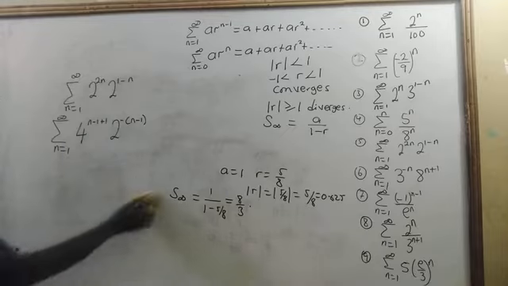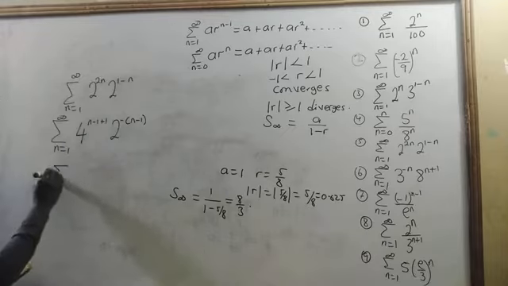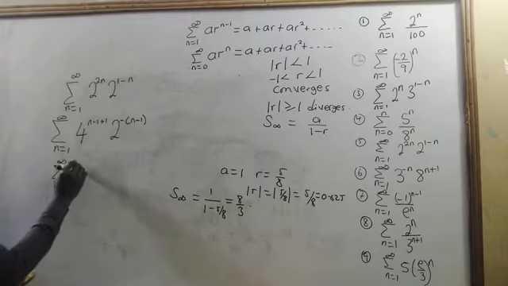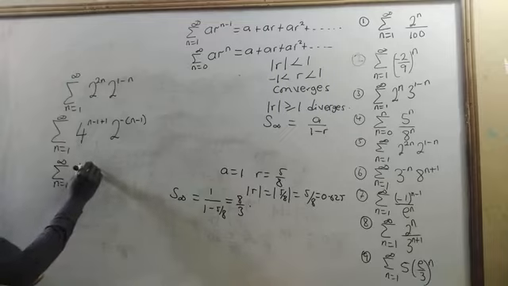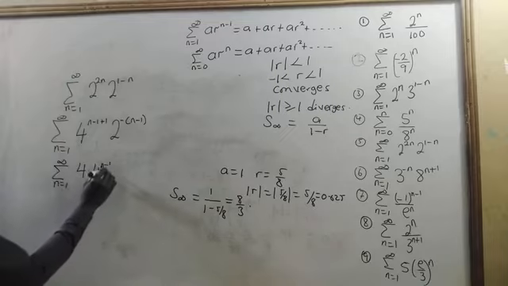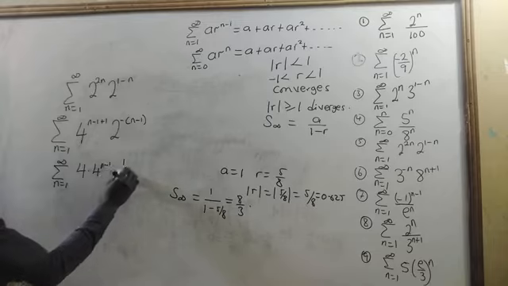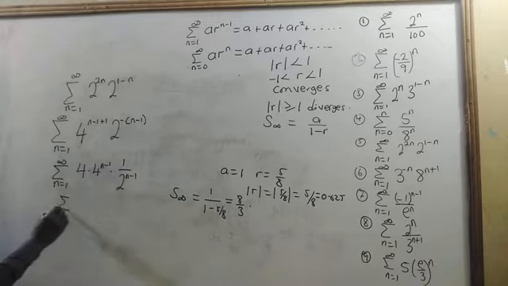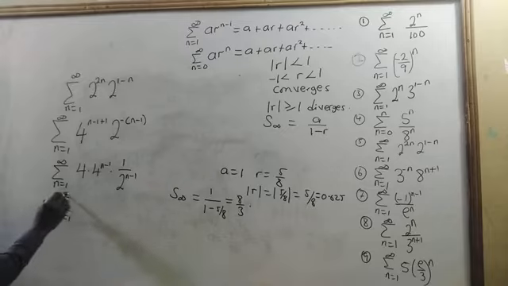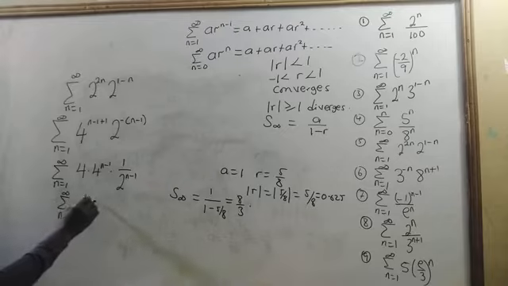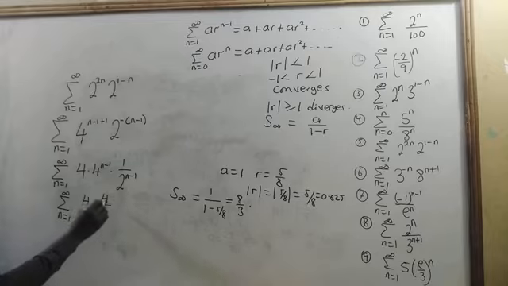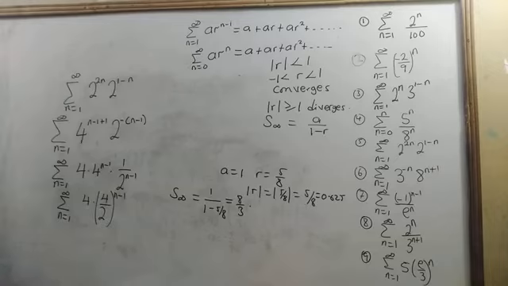So we are going to have this one as summation from n equal to 1 up to infinity, 4 times 4 exponent n minus 1 times 1 divided by 2 exponent n minus 1. And this will give us summation n equal to 1 up to infinity, 4 times 4 on 2, all exponent n minus 1. Very, very simple as that.